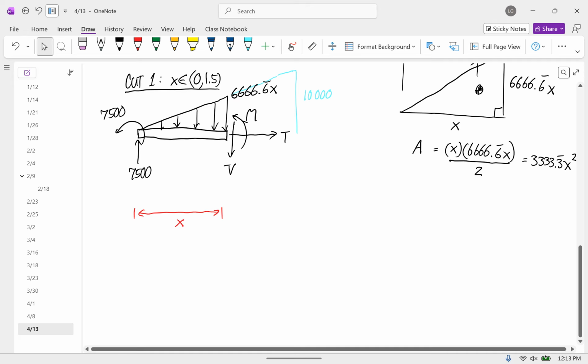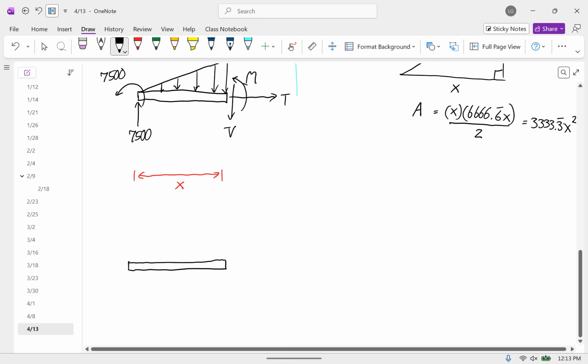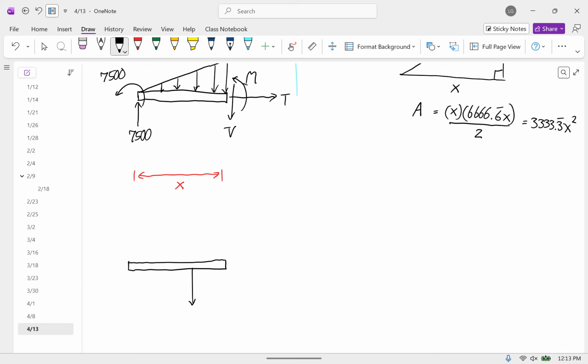And so now I'll redraw this free body diagram. So we have this force of 3,333.3 repeating x squared. And we have an upward force of 7,500 and a couple of 7,500.